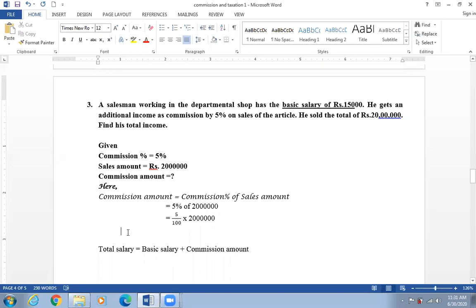Two zeros will be cancelled here also. So 5 to the 10, and 1, 2, 3 zeros are there, so let us add 3 more zeros. That means the commission amount he is going to get is 10,000 rupees.